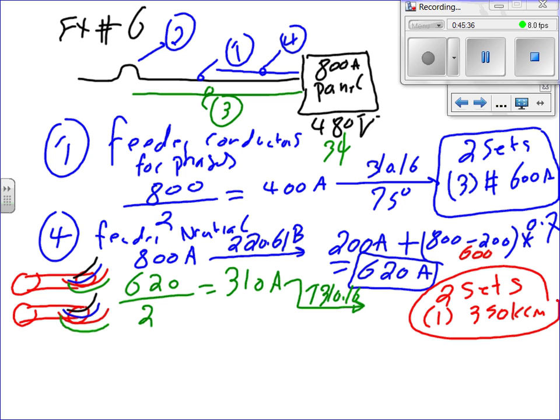So which color did we use? Let's use another blue. Just identify this blue as N neutral. How many conductors do I have in each one of these? 4 or 5 conductors. 3 phases, 1 neutral, different sizes, the phases and the neutral, and a ground that I'm going to be sizing in a second.